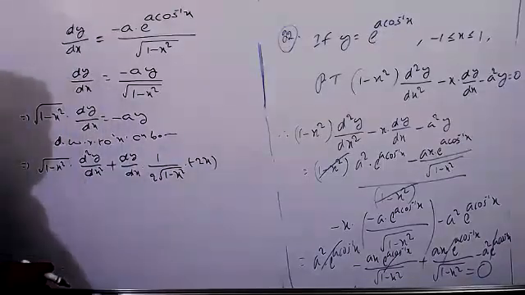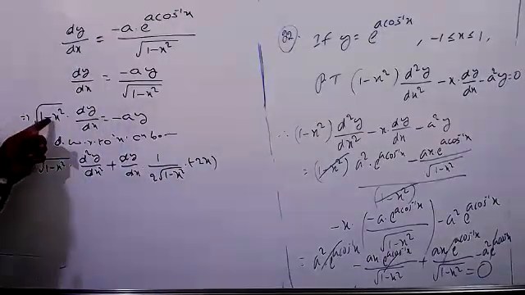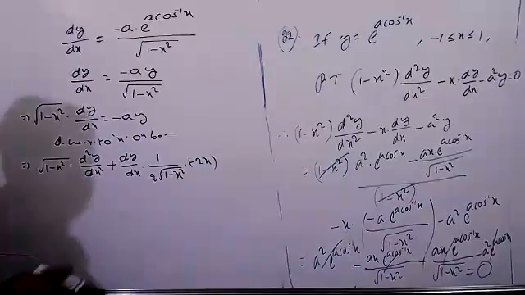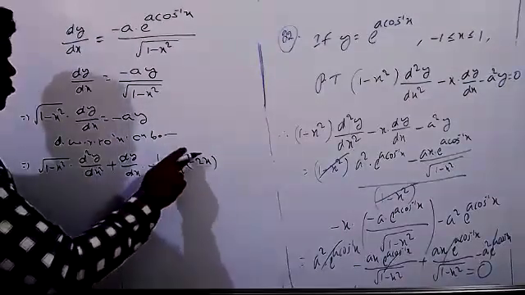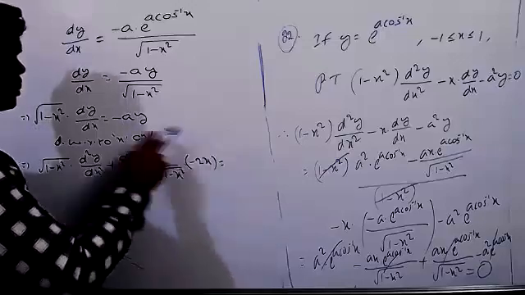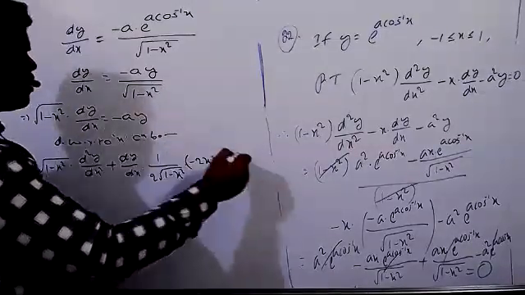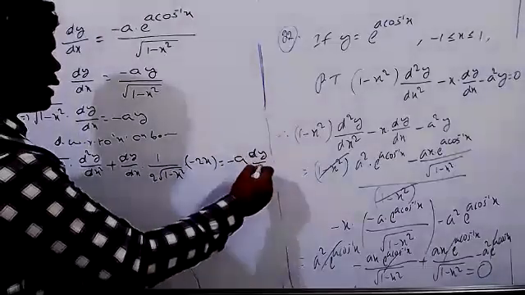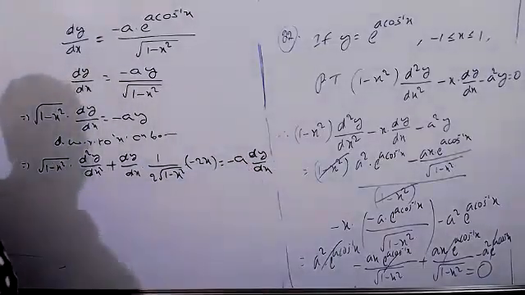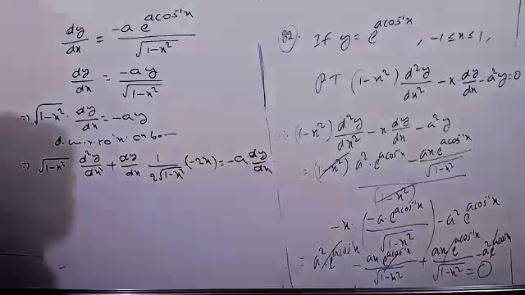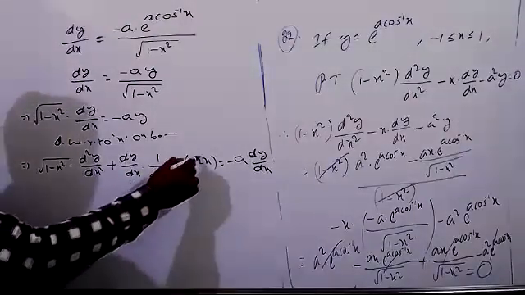Minus 2x because differentiation of constant equals 0 and minus x square equals minus 2x. Equal to minus a, the constant value, as it is only. But differentiation of y equals dy by dx. Correct. 2 will be cancelled now.